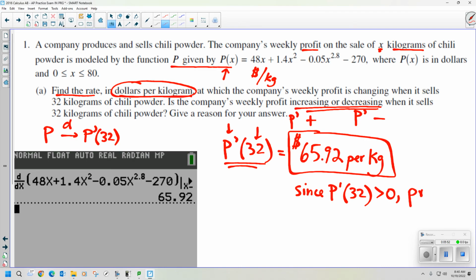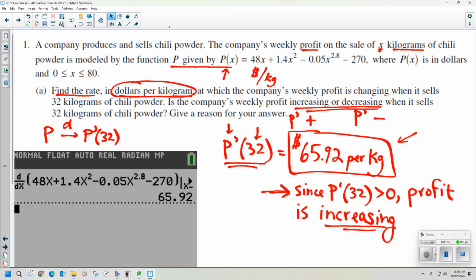The profit is increasing. There are one of a million different ways I could have written this. But if I just have the number and not this statement, identifying whether it's increasing or decreasing and explaining why, I don't get full credit. Easy problem to start with. 1A, done.